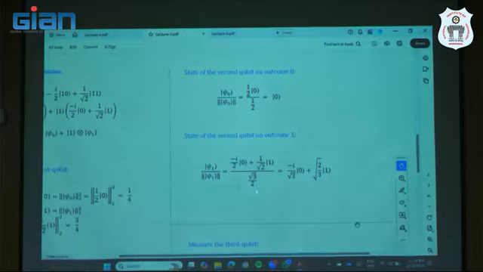You divide by that. Whatever it comes out to, this is your resulting state. Agreed? Yes or no? Any questions?